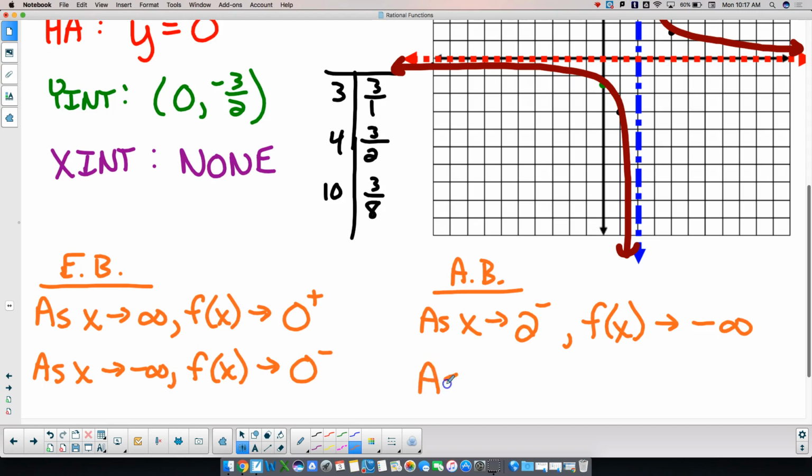Then I've got the right side of that one. What's my function doing on the right side of that one? On positive infinity. So it turned up. Okay.